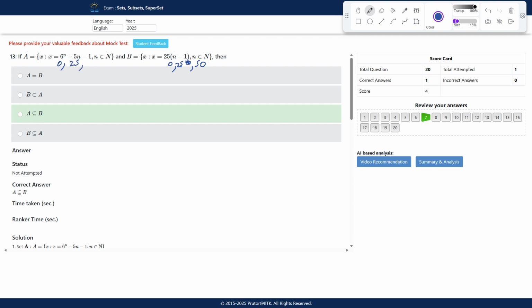And next will be what? Very simple, just evaluate. So 36 times 6 minus 15 minus 1.